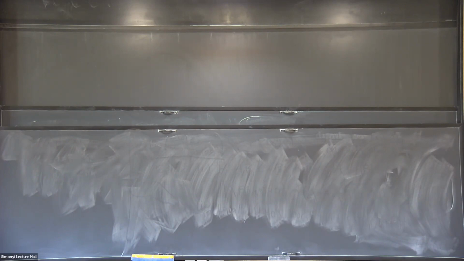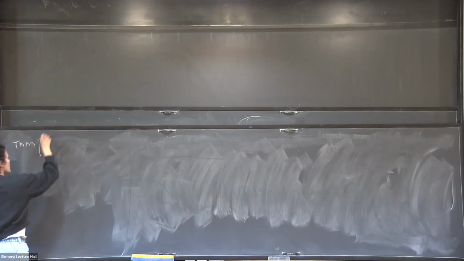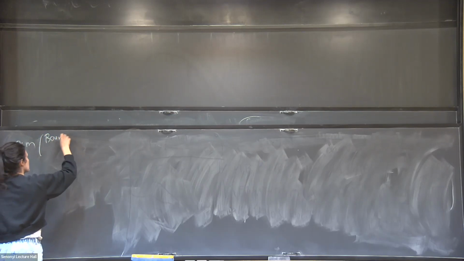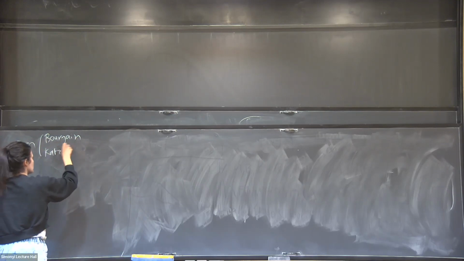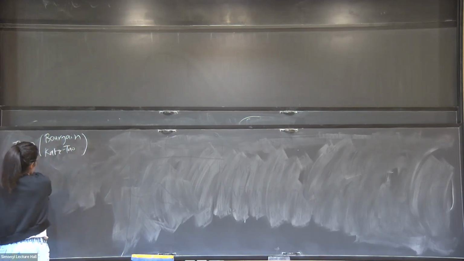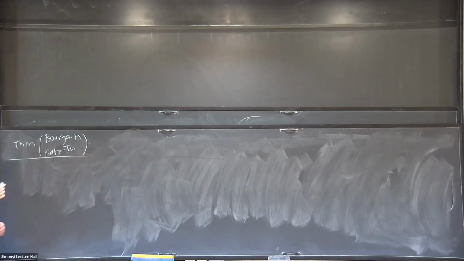This is what Falconer proved in the original paper, and then a theorem of Bourgain. But Bourgain used the reduction of Katz-Tao, so I write the discretized setting, which I'm going to give more details about in a moment.